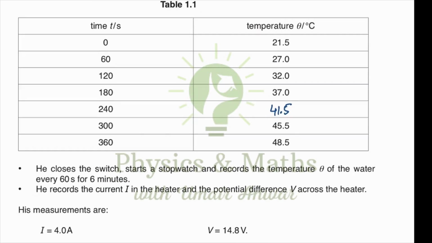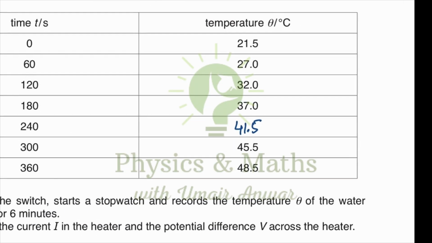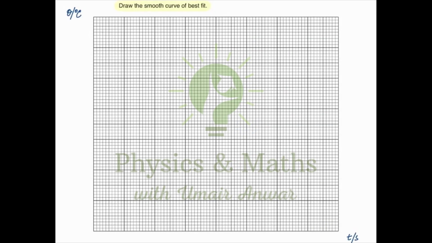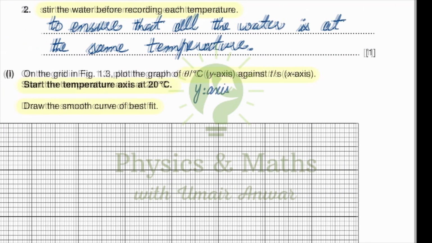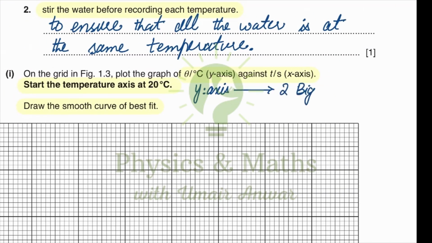So if we observe the values of y-axis, we have minimum value of 21.5 and the maximum value of 48.5, and we have total of 1 2 3 4 5 6 and 7 large boxes.